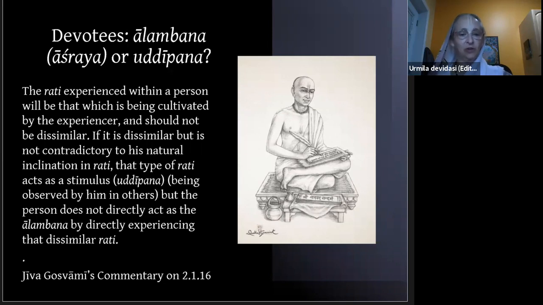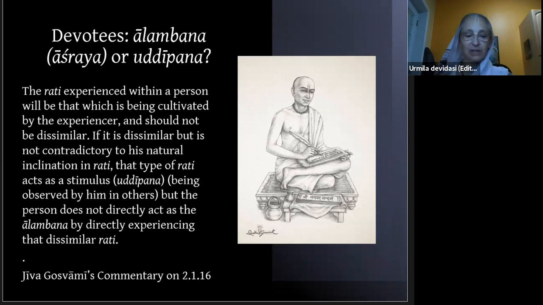So whatever basic connection you have, other devotees with the same basic connection are ashraya. Other devotees who have different but compatible basic connections are udipanas. Now, this implies that we're dealing with people who have some realization of their staibhavs.